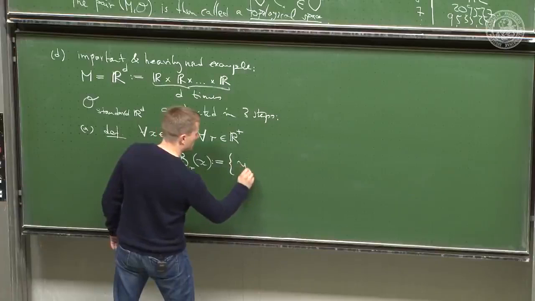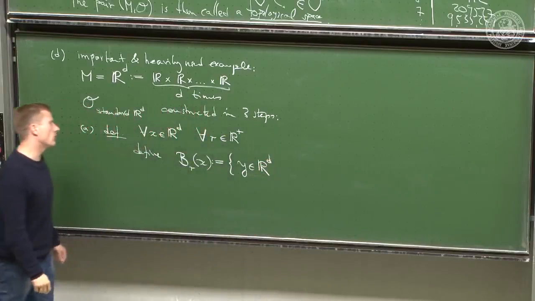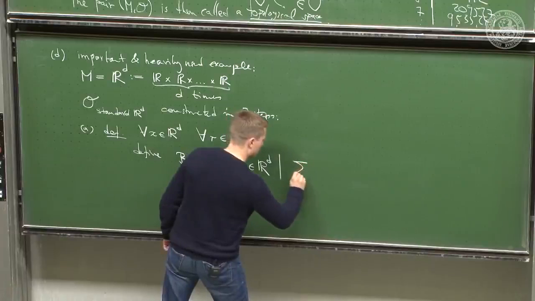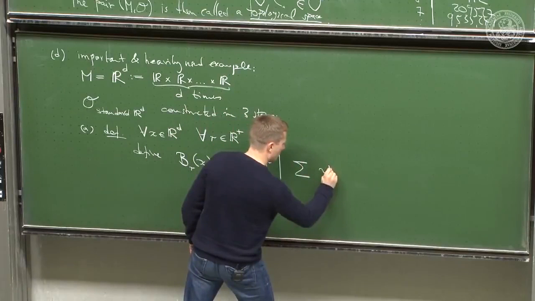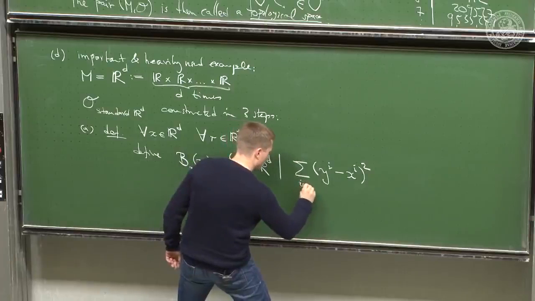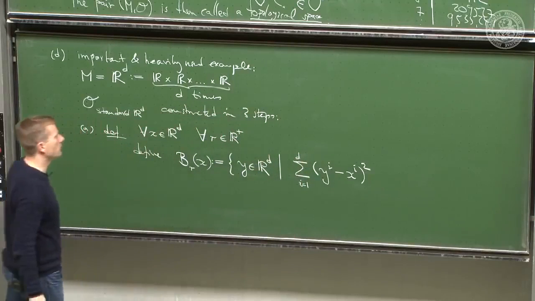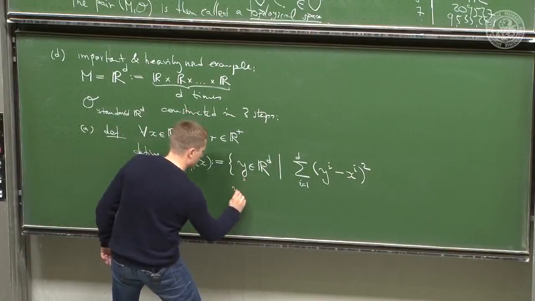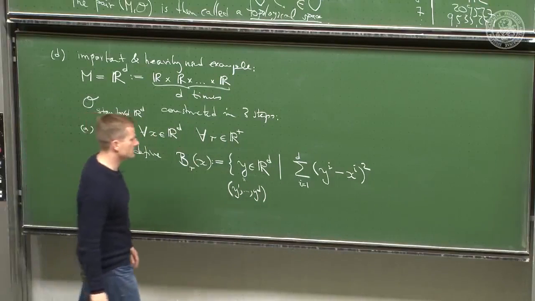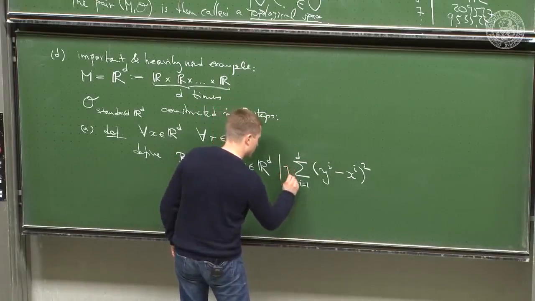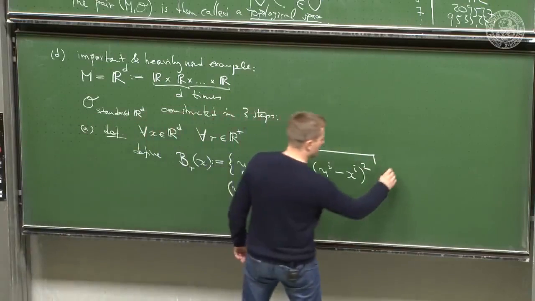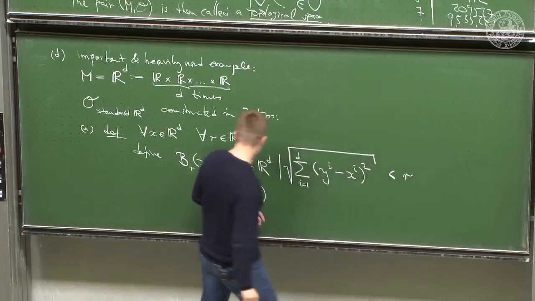That's the set of all points y in R^d, so of all d-tuples of real numbers, such that the sum of (y_i minus x_i) in brackets squared, the sum from 1 to d, so I take all the components of this tuple, so this y is thought of as y_1 to y_d, this ordered tuple defined on the last problem sheet, and then, for good measure, we take the square root of this, and we require that this be less than the number r that appears here.